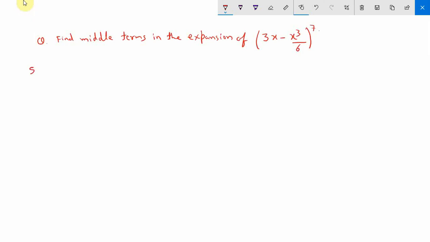So if we see here, we have n equal to 7, which is odd, and we will have 8 terms.